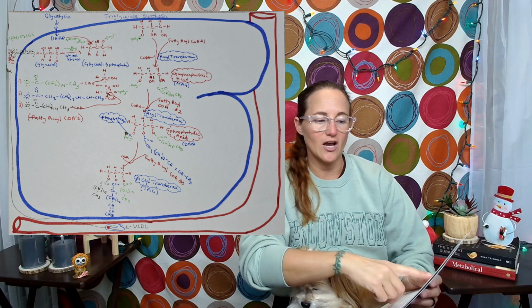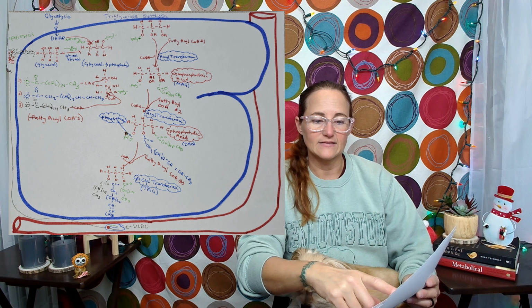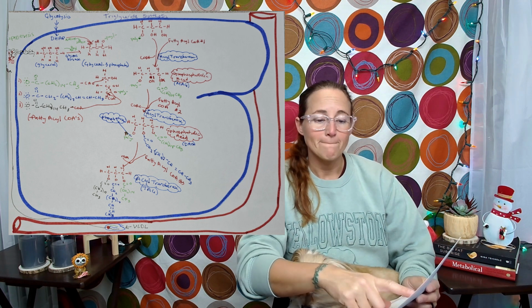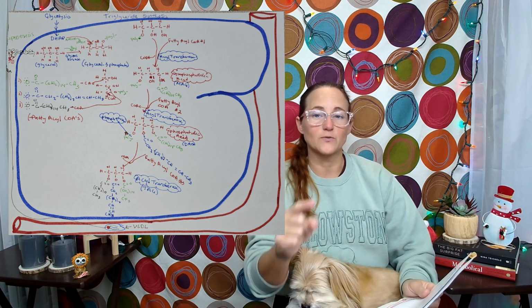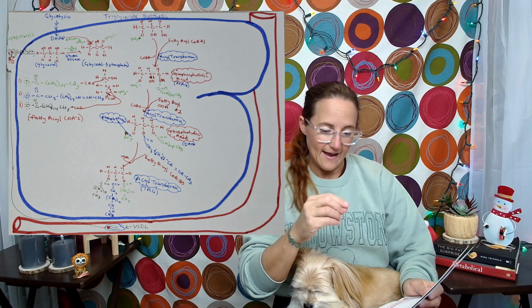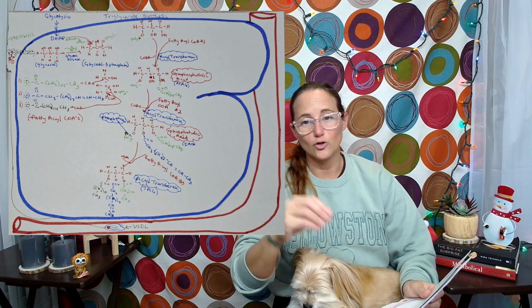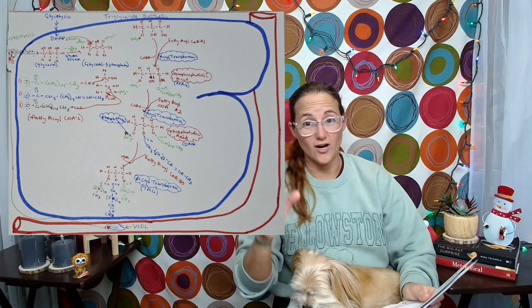You'll see that the glycerol 3-phosphate reacts with a fatty acyl-CoA, adding the first fatty acid, reacts with another fatty acyl-CoA, adding the second fatty acid, and reacting with another fatty acyl-CoA, adding the third fatty acid, creating a triglyceride molecule.